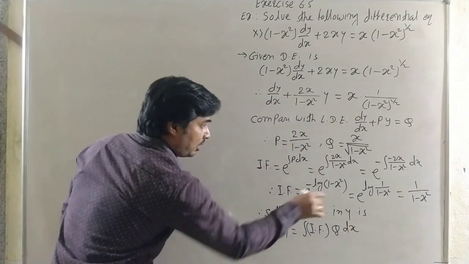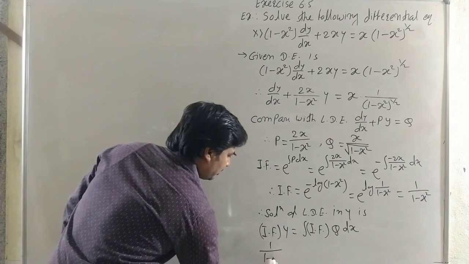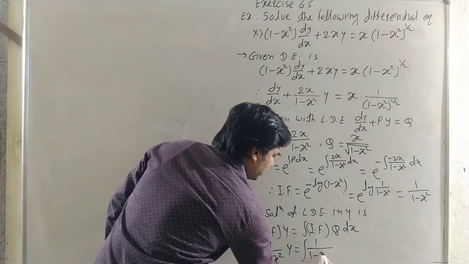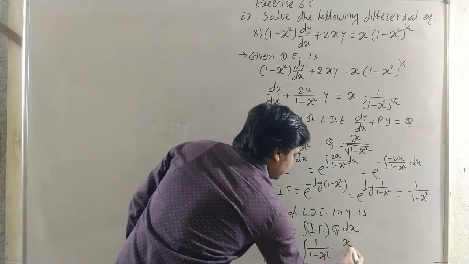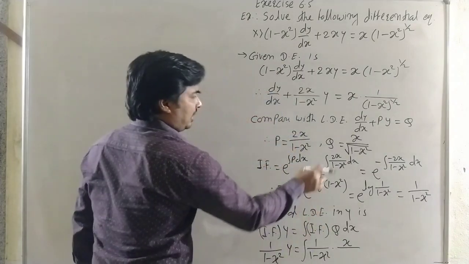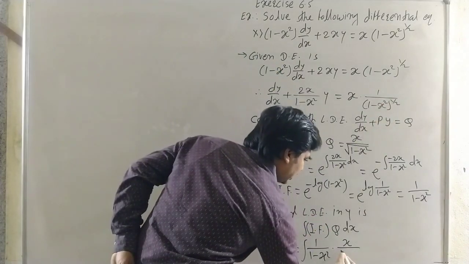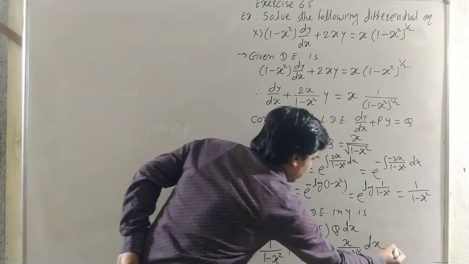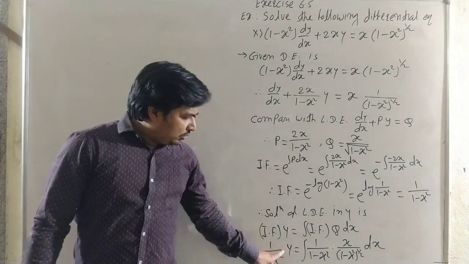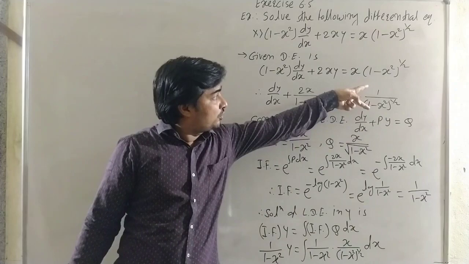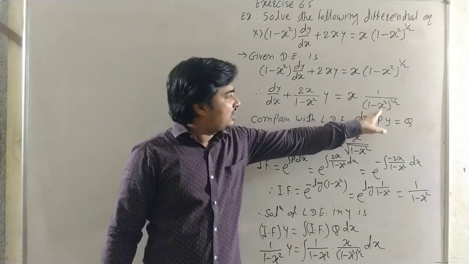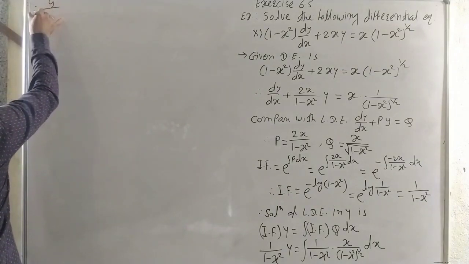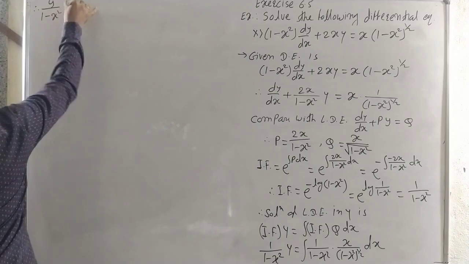Now integrating factor is 1 upon 1 minus x square, so 1 upon 1 minus x square into y is equal to integration of 1 upon 1 minus x square into x upon (1 minus x square) to the power 1 by 2 with respect to x. Integrating factor into Q, and then y upon 1 minus x square is the LHS of the solution.